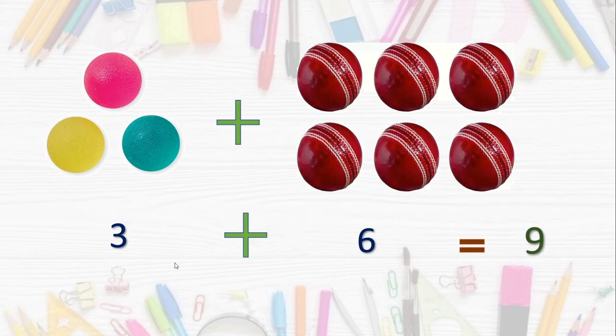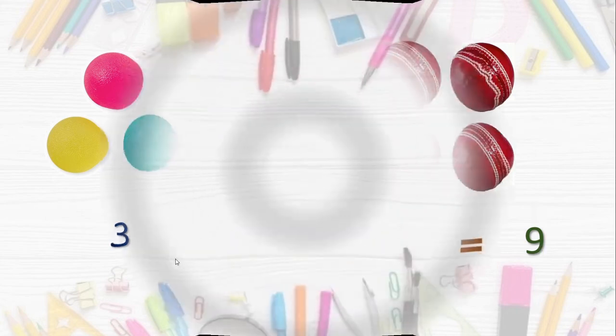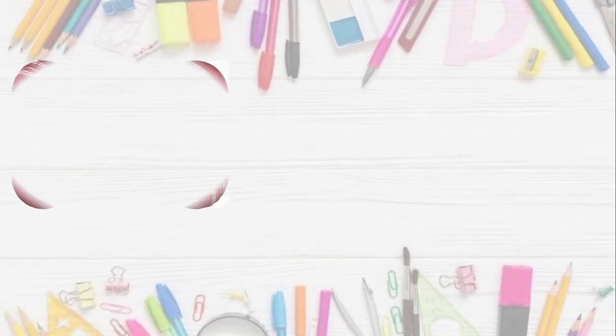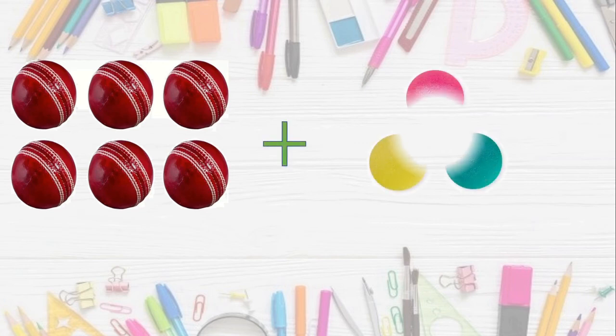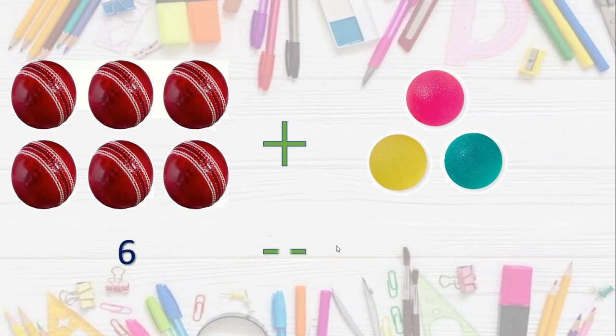Okay, I will change the order. See here. First we will take these season balls or cricket balls. Then we will take these plastic balls of different colors. First we will count this. There are 6 season balls. So 6 plus these colorful balls, they are 3 in number.